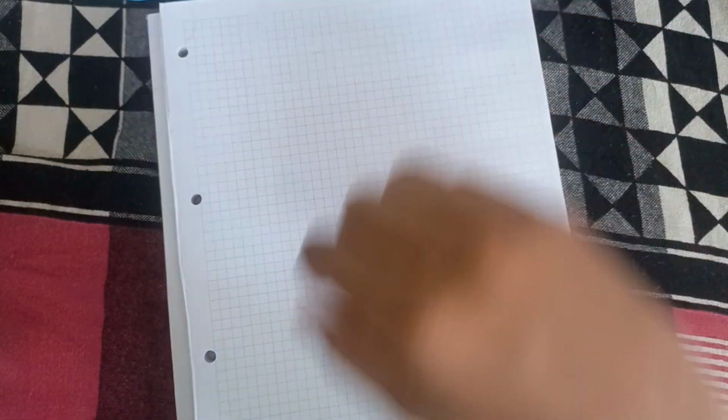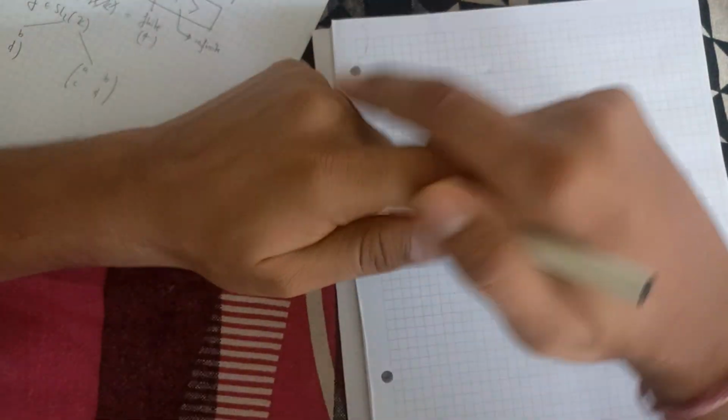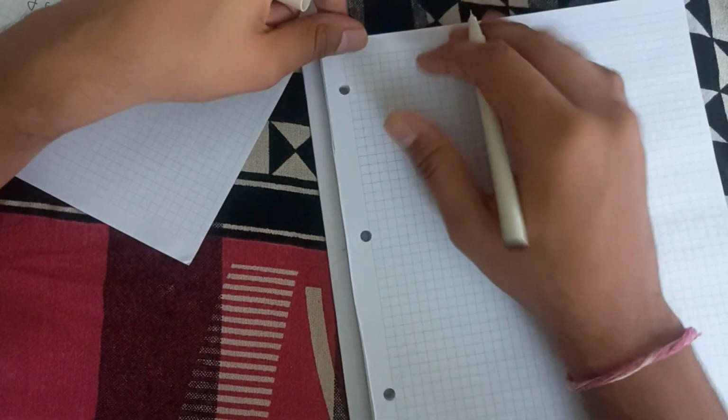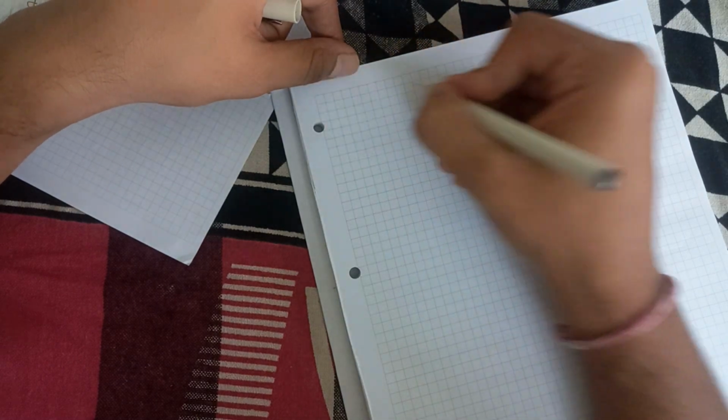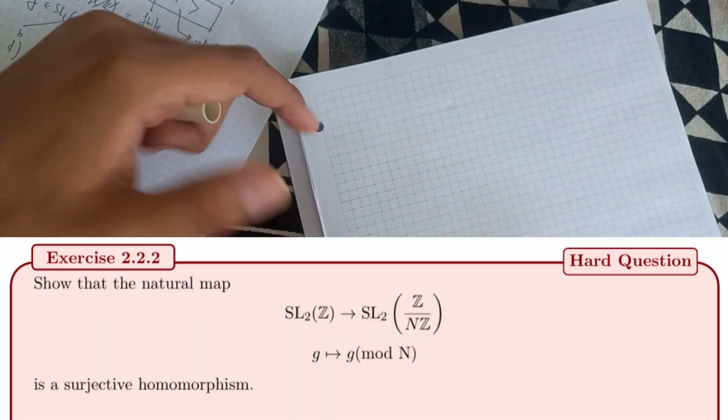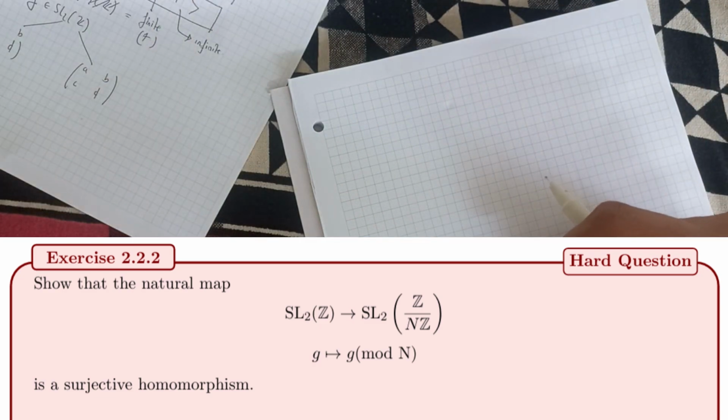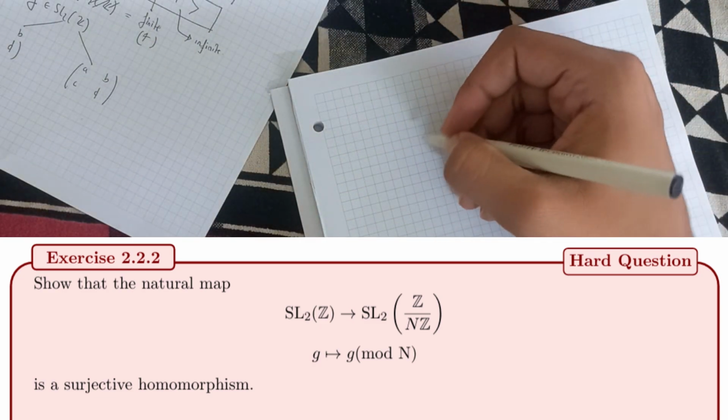So I will just give the overview of the next question. In the next question, one should be careful while constructing this. I will show the question, and the hint is also given there.